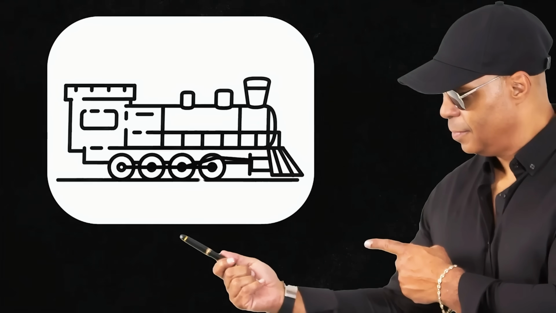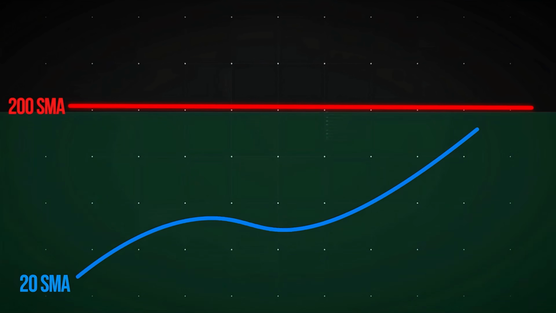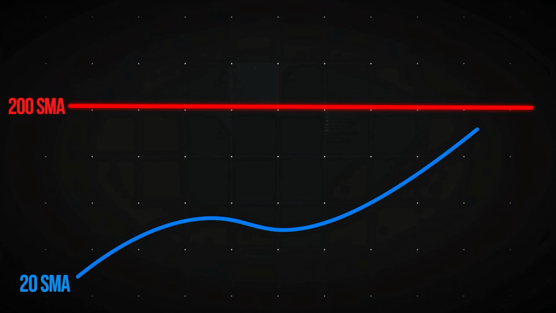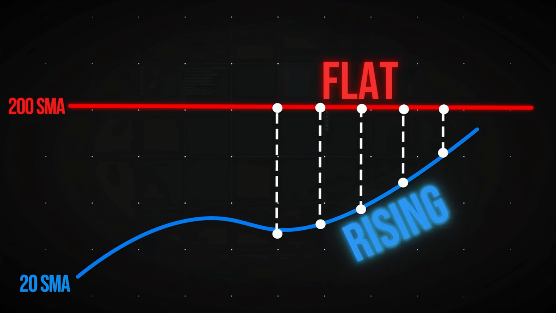It's when the 200 is flat and the 20 is rising under the 200, narrowing the space: wide, less wide, less wide, less wide, right? So the 200 is flat, the 20 is rising, and the price is trapped between both, like a ping pong ball.